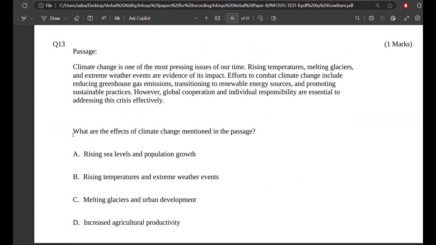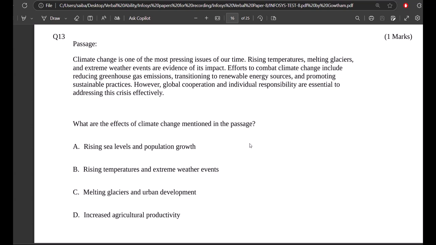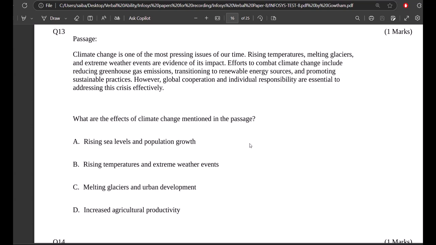Next one, what are the effects of climate change mentioned in the passage? So, what are the effects mentioned here? So, the same here include reduction of emission of greenhouse gases, weather events as evidence. Okay, promoting sustainable practices.